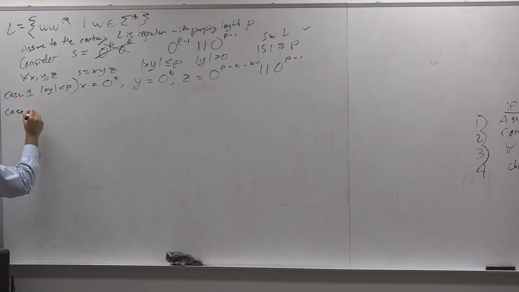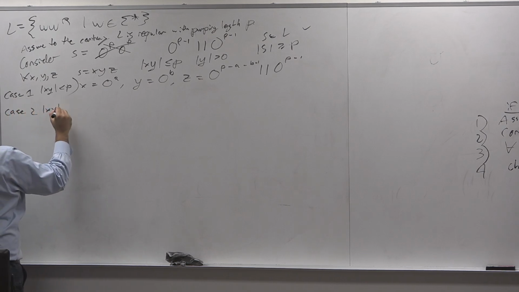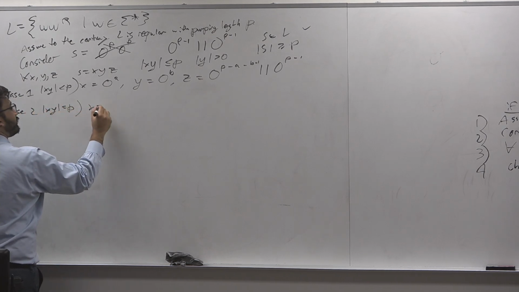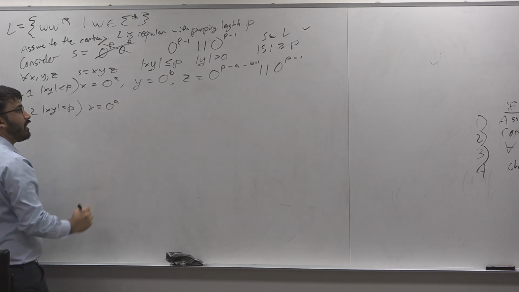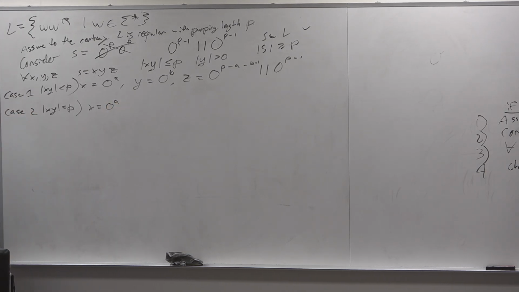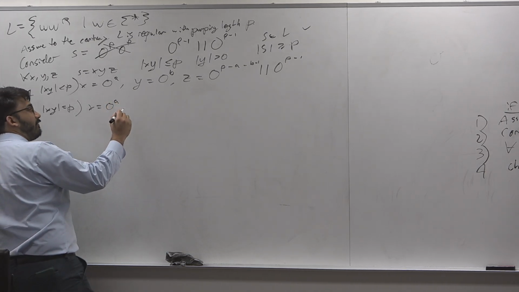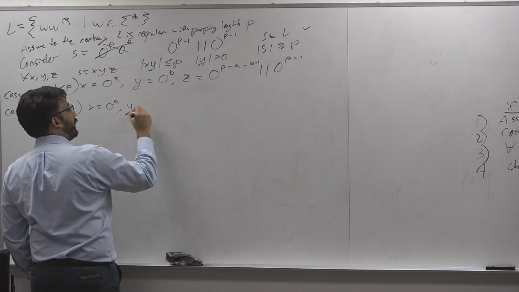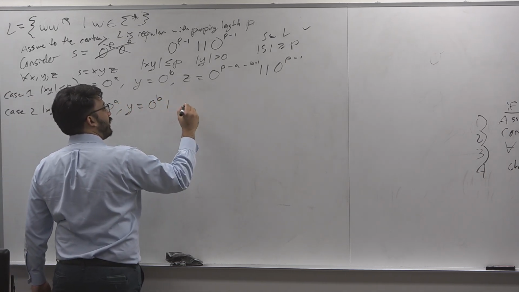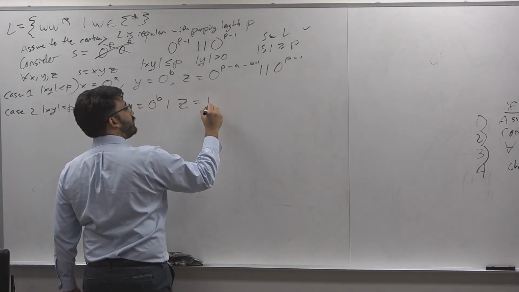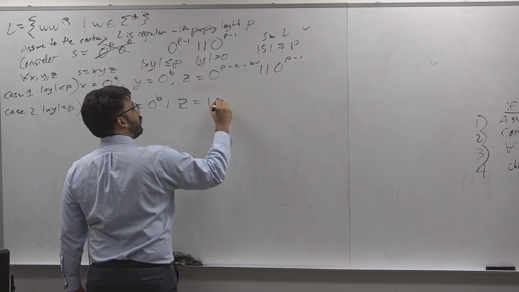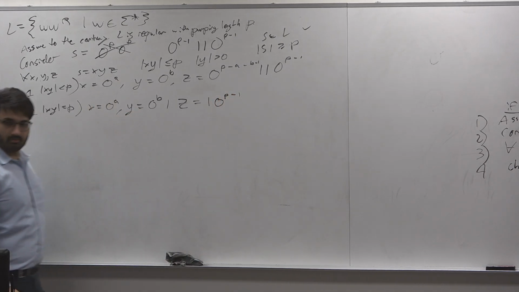Case 2: the length of xy is equal to P. Then we have x is equal to 0 to the A. Since y is not empty, it could have up to 0 B's, but it must have at least one. Y is equal to 0 to the B, 1, and then z is equal to 1, 0 to the P minus 1. Right.